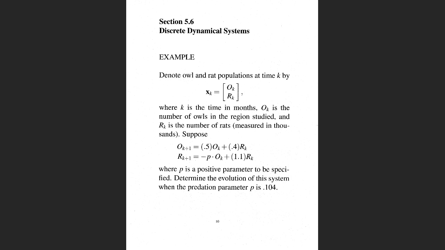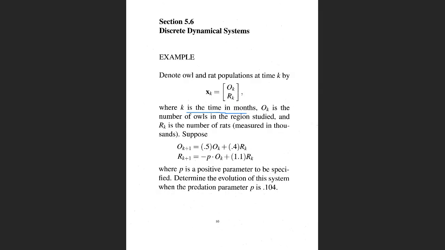Okay, let's look at this question. Here you're letting your vector x represent two populations, owl and rat populations, where k is the time in months.